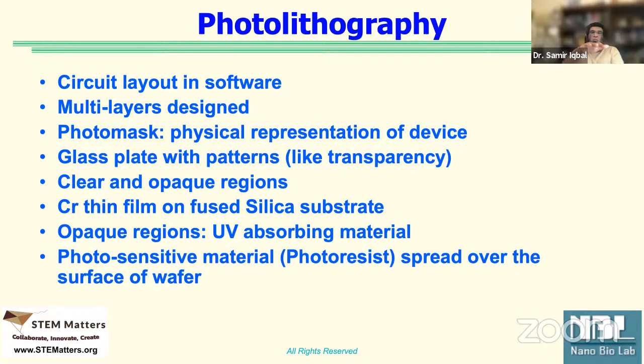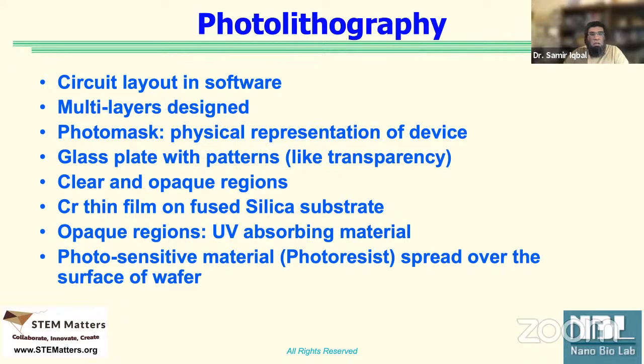In one lithography step we remove the photoresist wherever the pattern is, we do the process, etching, deposition, whatever needs to be done, and then we come back and use the next mask, right?